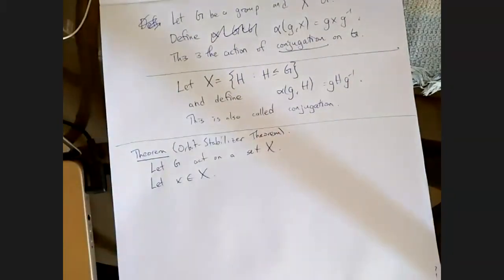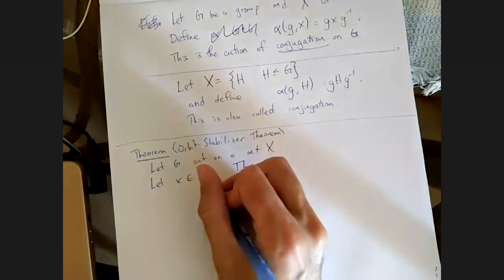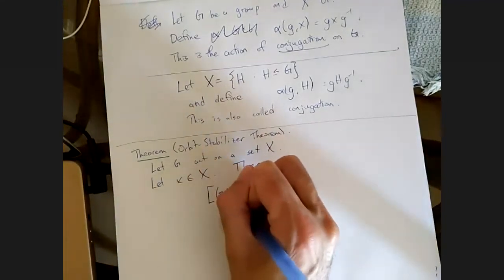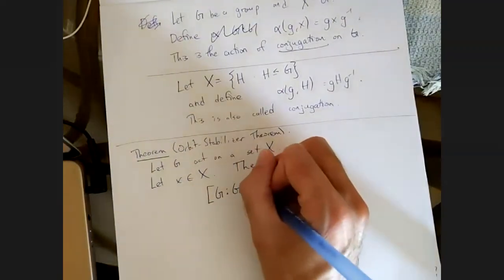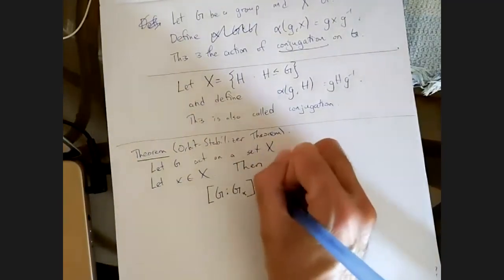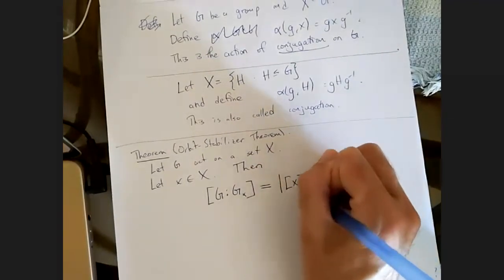Let x be an element of the set. Then the index of the stabilizer in G is equal to the size of the orbit of x.